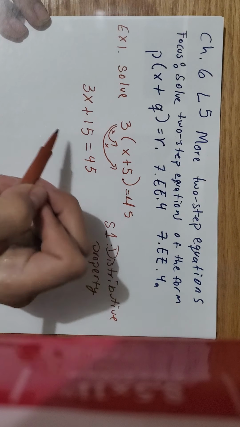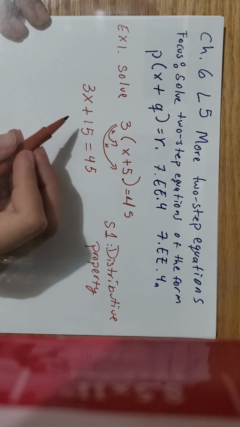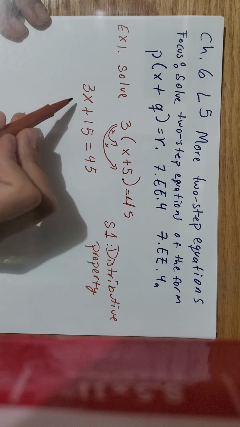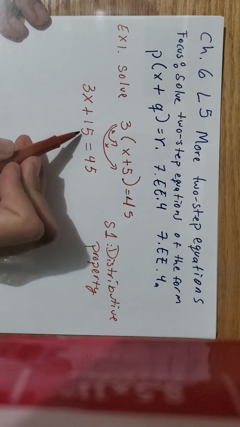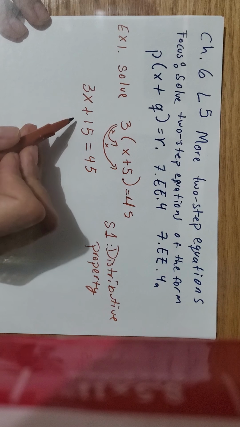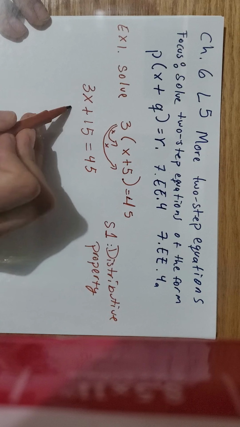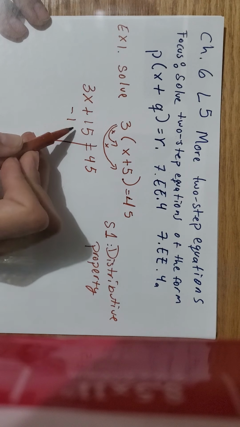Now, this looks more familiar, right? This is kind of like what you were doing on lesson 4. So now that we have our coefficient right here, but we also have a constant, we need to put the constant on one side of the equation. So let's move this plus 15 to the right side by doing the opposite of PEMDAS.